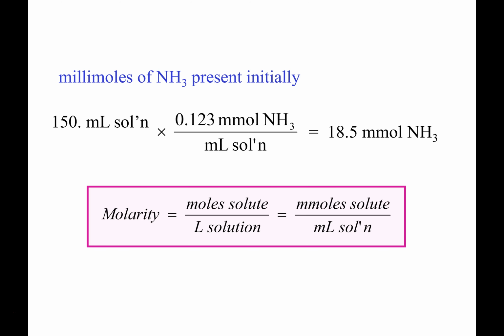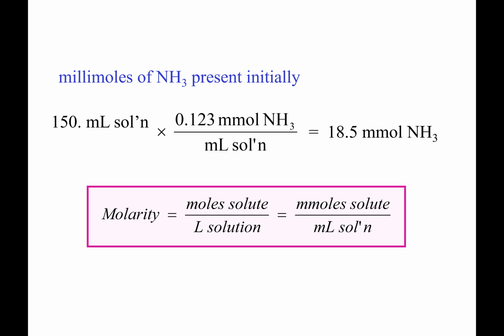A few slides ago, we said that this initial conversion of NH3 to NH4 plus looks like this. All of this will be consumed. NH4 plus is what we're curious about; we don't care about the chloride ion.